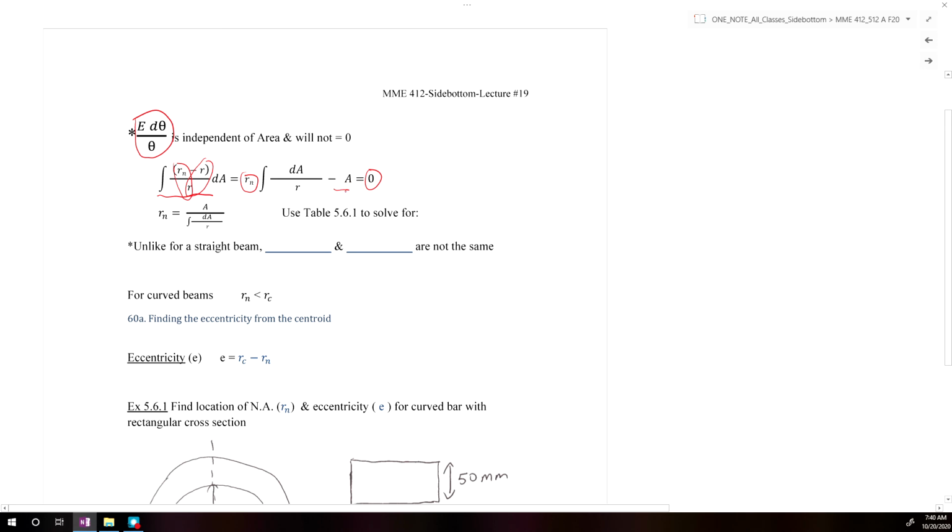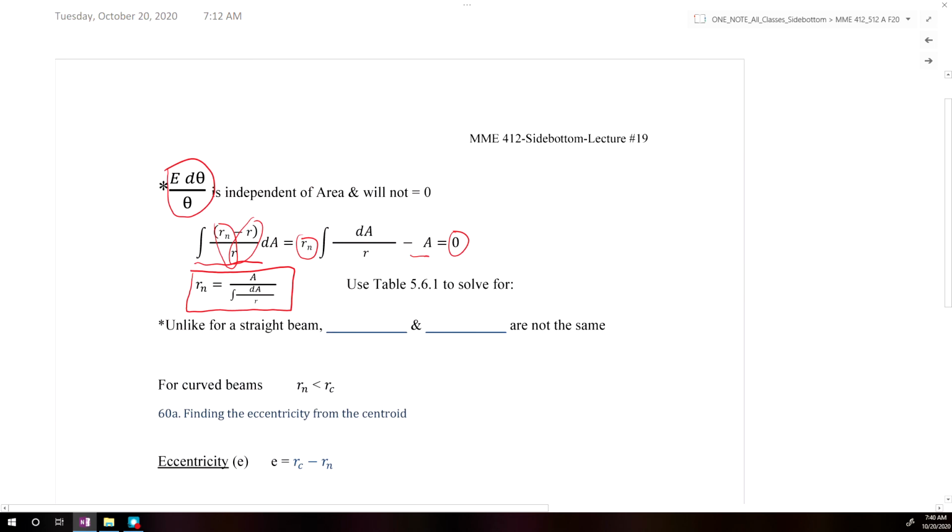So we can define that the radius to our neutral axis must be equal to the total area divided by the integral of dA over R. You're probably wondering, how do I solve for the integral of dA over R? You don't have to worry about it.